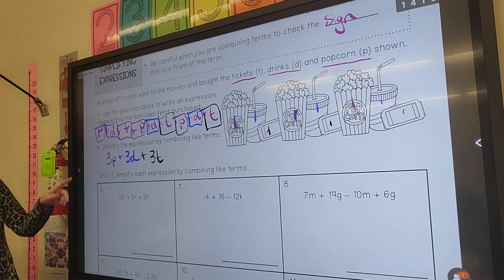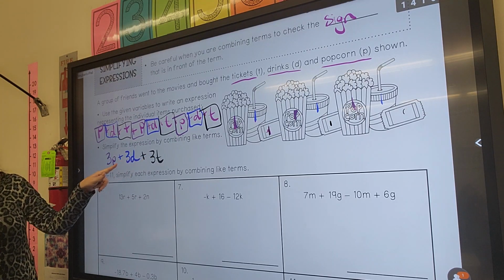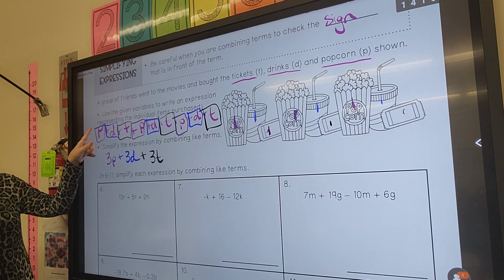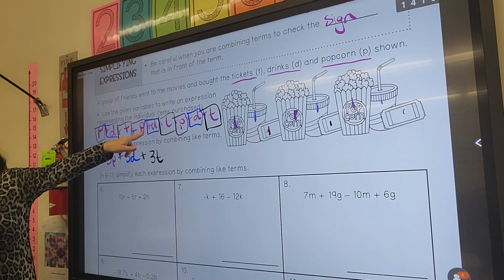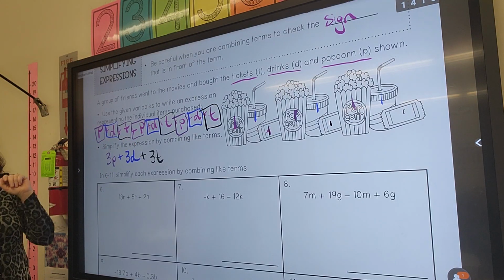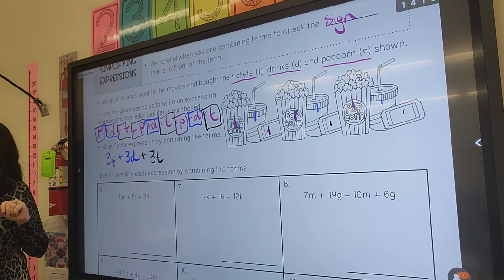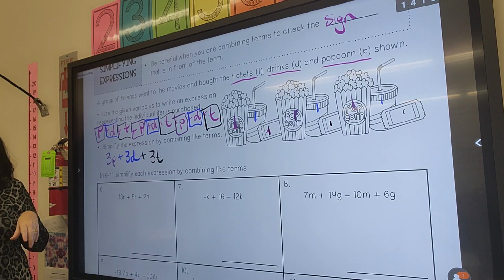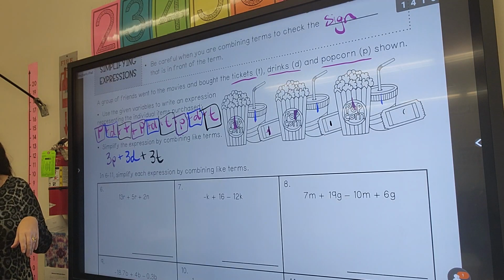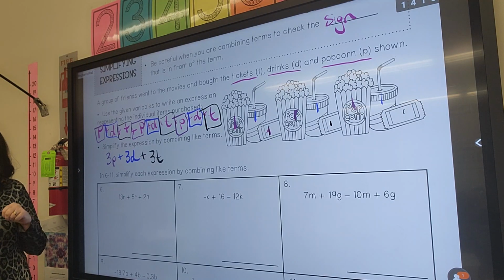So see, isn't it easier to write the expression this way rather than all this? If you went to the drive-thru at McDonald's and you said, I want 1 cheeseburger, 1 drink, and 1 fry, and 1 cheeseburger, 2 fries, and 1 drink, and I want 2 cheeseburgers and 3 fries and 3 drinks.